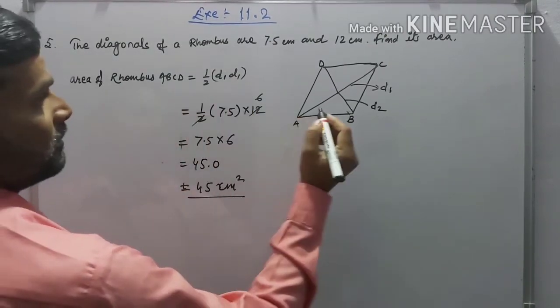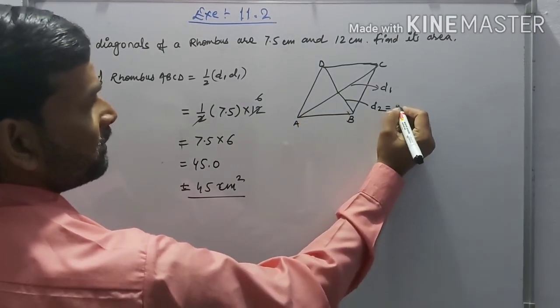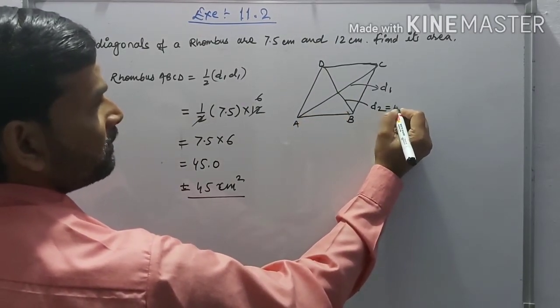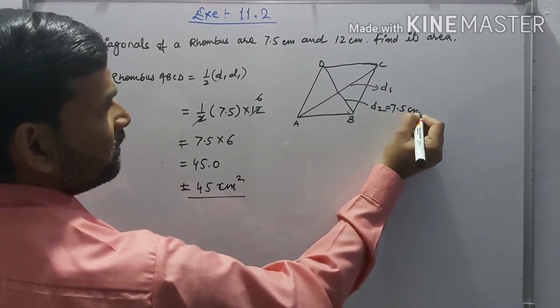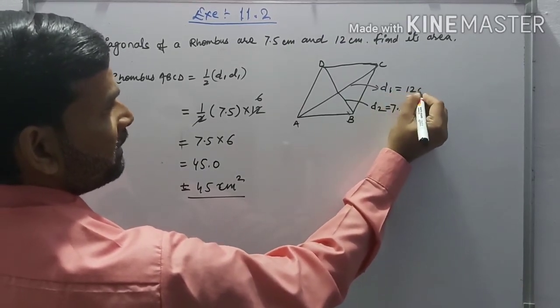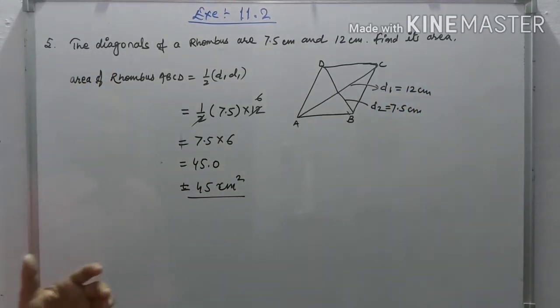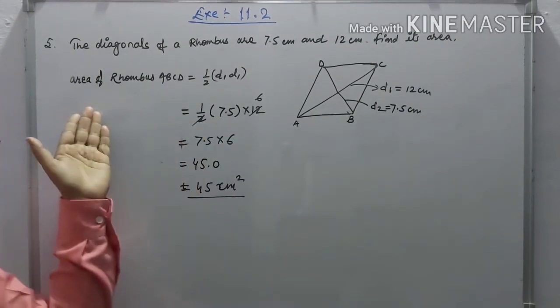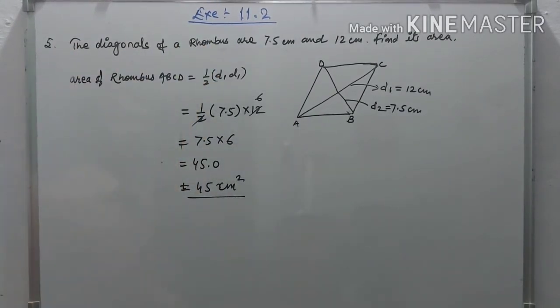Okay, now here the D2 value is 7.5 centimeter and the D1 value is 12 centimeter. Suppose you have not shown it in the diagram, then we will write 'given is length of diagonals'.